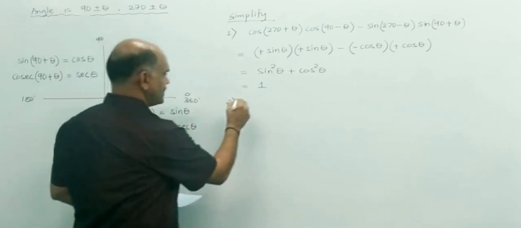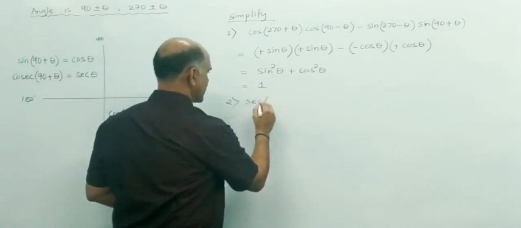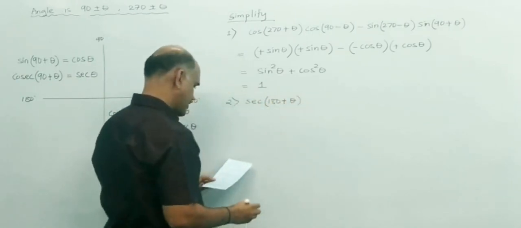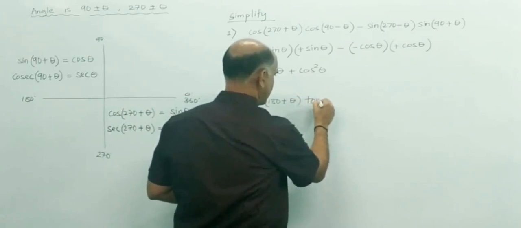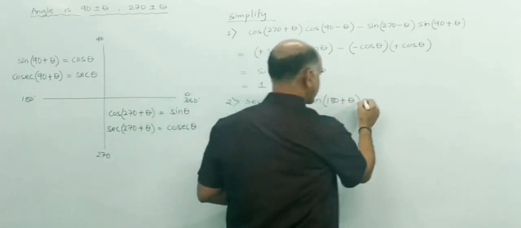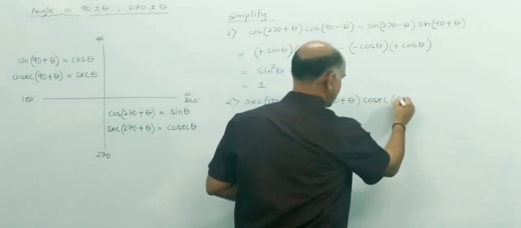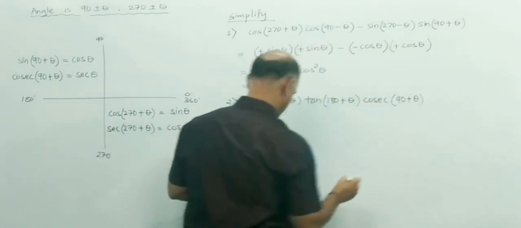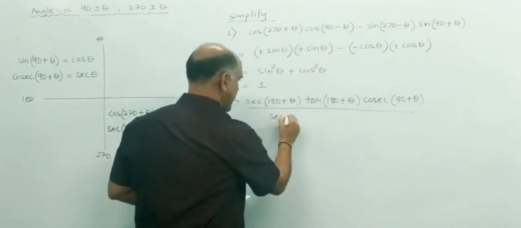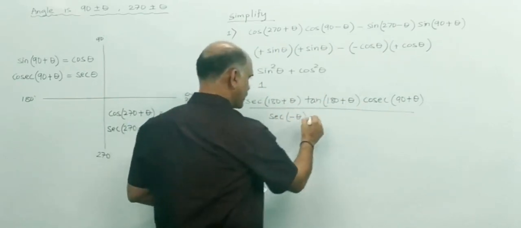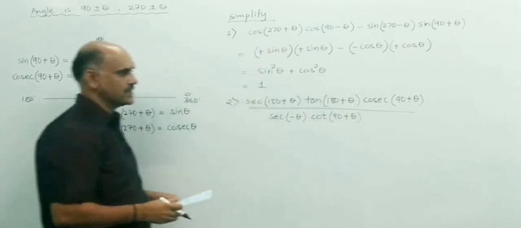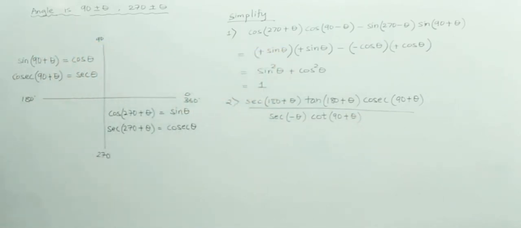Similarly, another example I will take, second one. Secant 180 plus theta, tan 180 plus theta, cosec 90 plus theta divided by secant of minus theta into cot 90 plus theta.